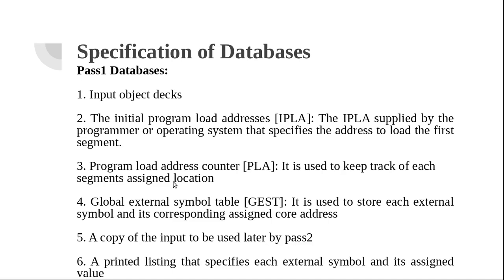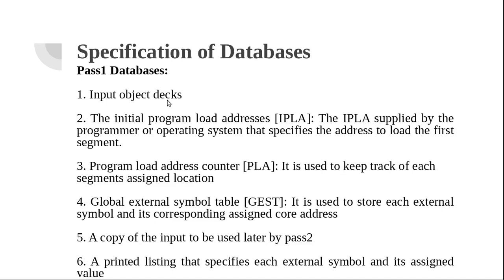Absolute address is the real core address value. As I mentioned in the previous few videos, the absolute address will only be known at the time of loading. So in pass 1, it will store the external symbol name along with the absolute address.